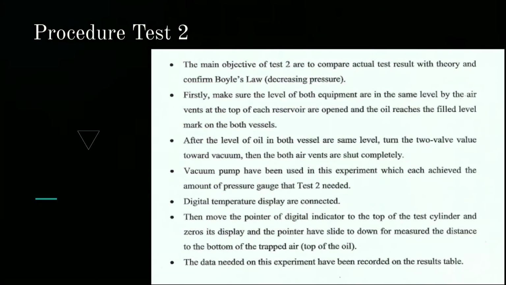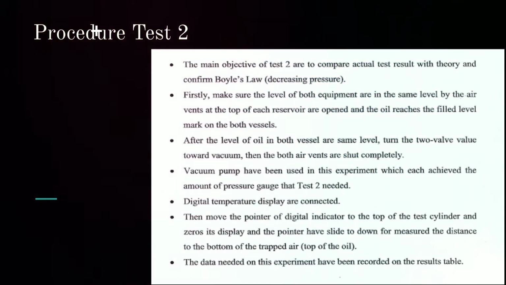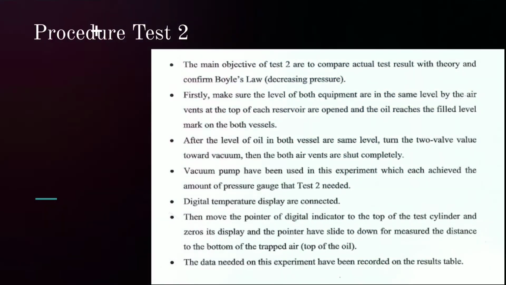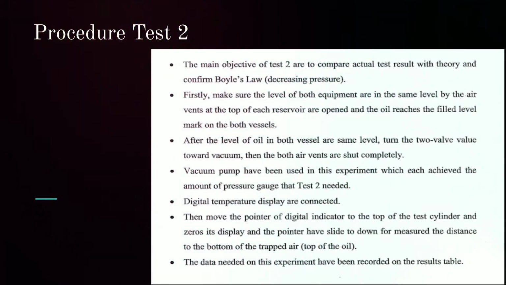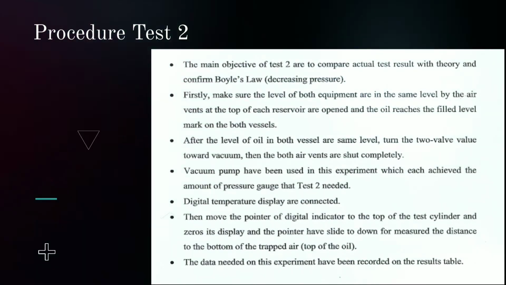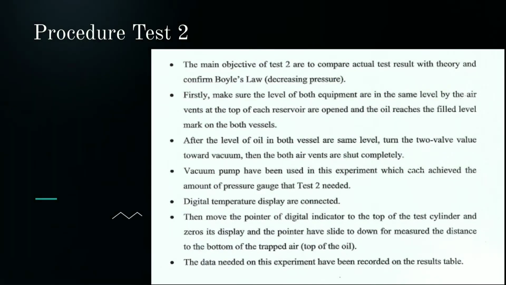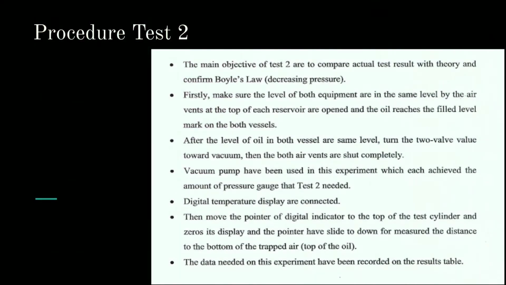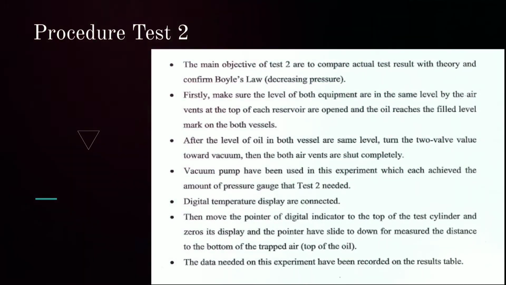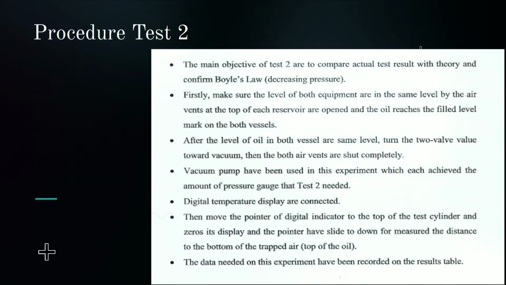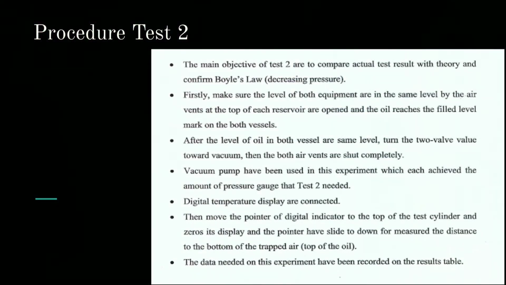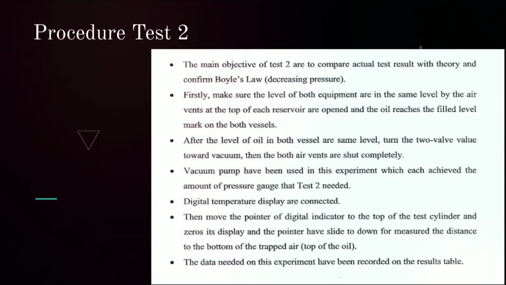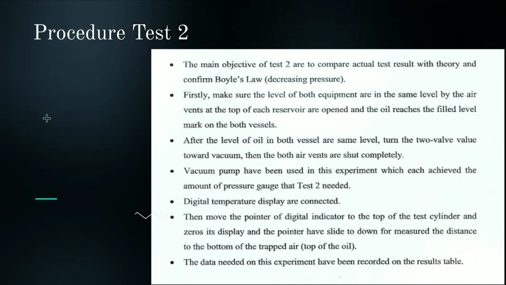After the level of oil in both vessels is the same, turn the two valves towards vacuum. Then both air vents are shut completely. Vacuum pumps are used in this experiment to achieve the pressure gauge readings that Test 2 needed. The digital temperature display is connected.